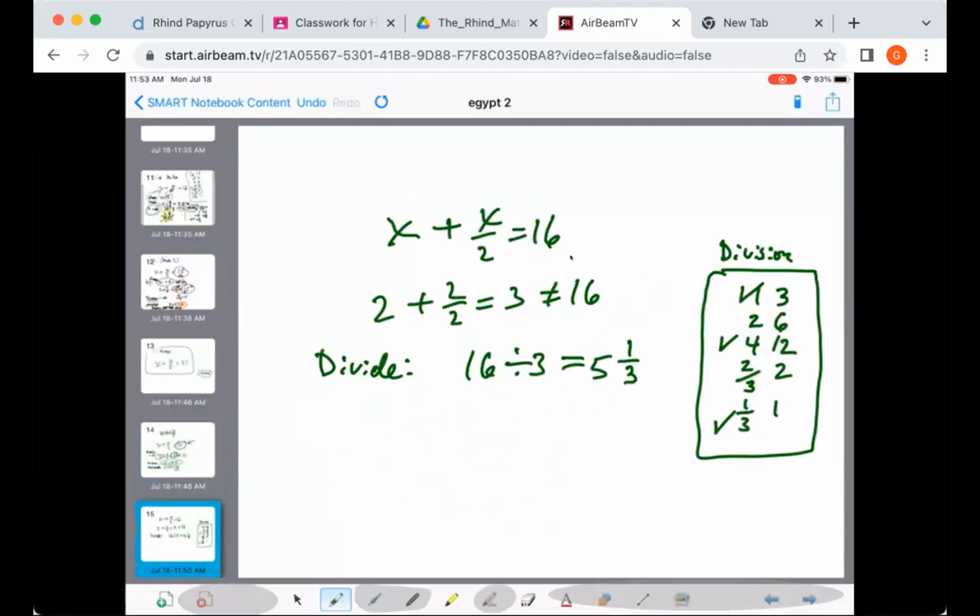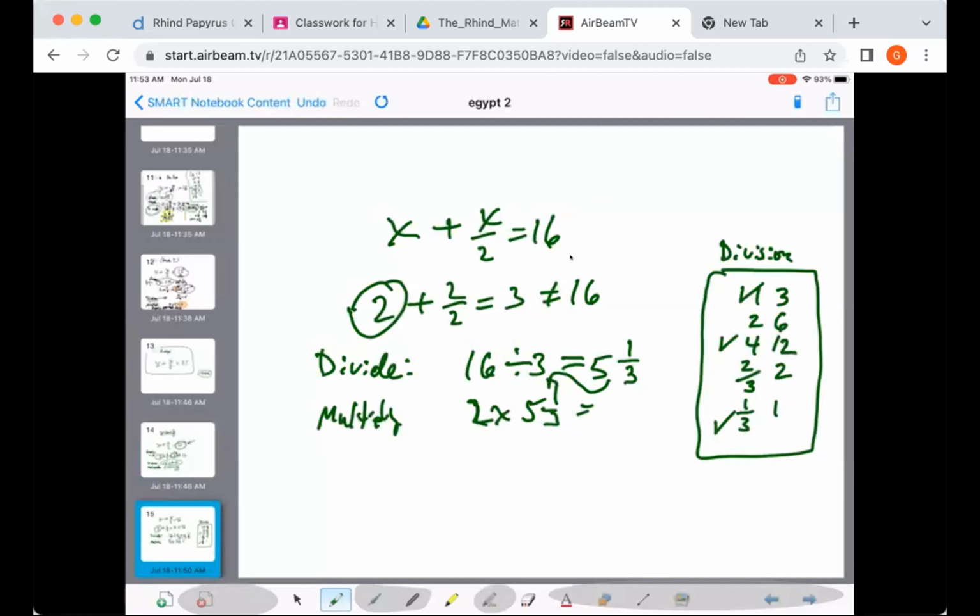Now, once you get the 5 1/3, you go to the multiplication step. Now we multiply 2 times 5 1/3, because the 2 was my initial guess, but it's also off by the same factor.